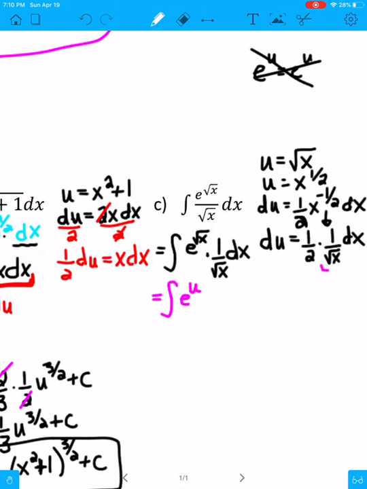And then I need to replace this with u's. So I can't replace the 1/2 times that. I can just replace this. So I need to get rid of the half. How do I get rid of half? I'm going to multiply by 2. So now I actually have 2 du equals 1 over square root x dx. So I'm going to replace 1 over square root x with 2 du. So times 2 du.